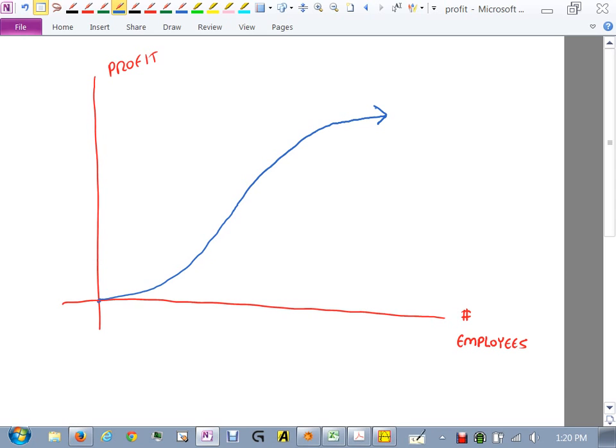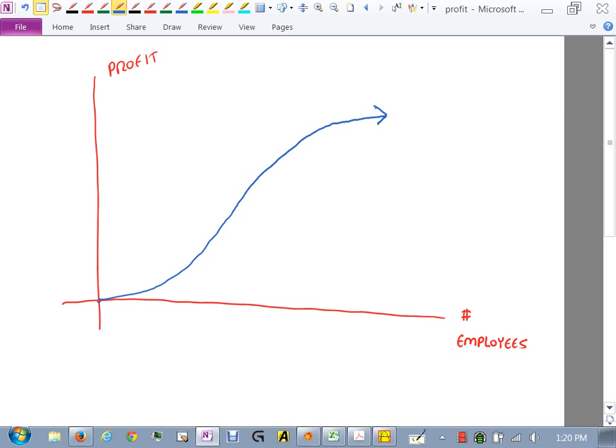This is a totally made up problem, all right? But let's just think about what's going on here. It looks like from this graph that your profit goes up the more employees you have, right? The more employees you have, the profit's going up.